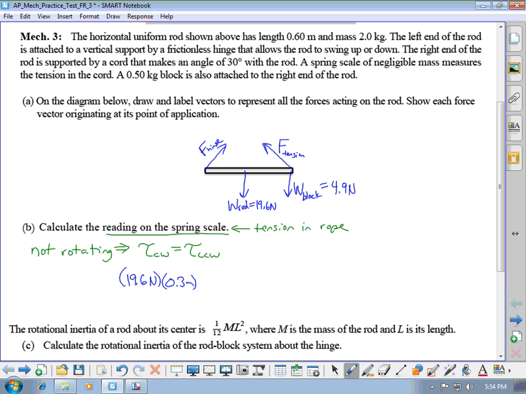The weight of the rod is acting halfway down the rod. And then the torque due to the weight of the block is 4.9 newtons times the full length of the rod, which is 0.6 meters.